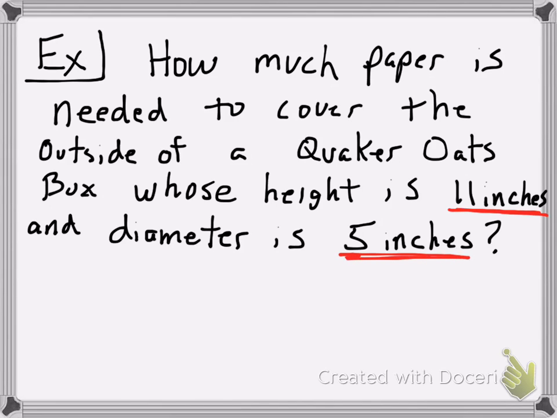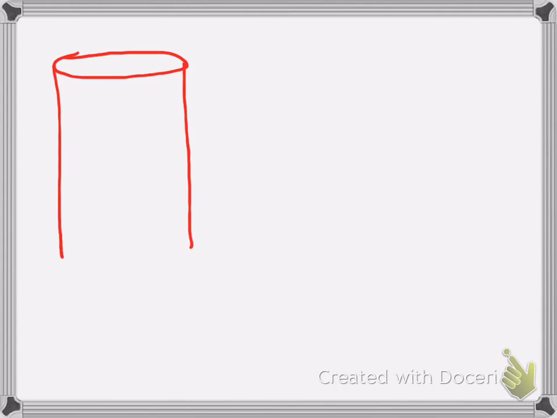Whose height is 11 inches and diameter is 5 inches. Okay, so I'm going to highlight those two things. I'm going to draw a picture. This might look pretty, it might look ugly, and it might be pretty ugly.